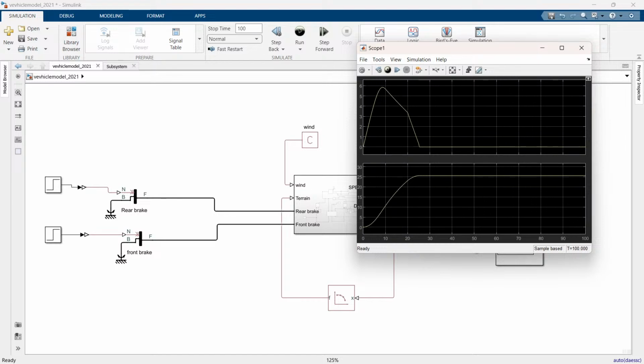Any other doubt? So Hamad, here the distance will be reduced.